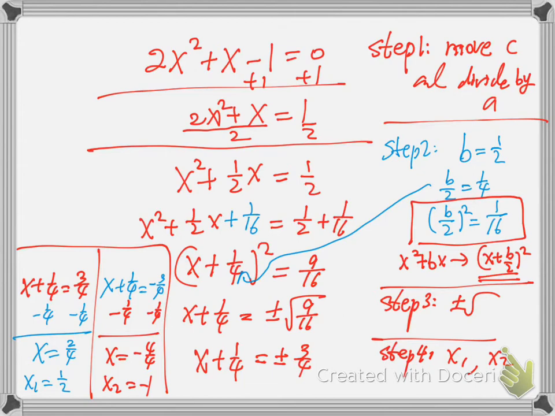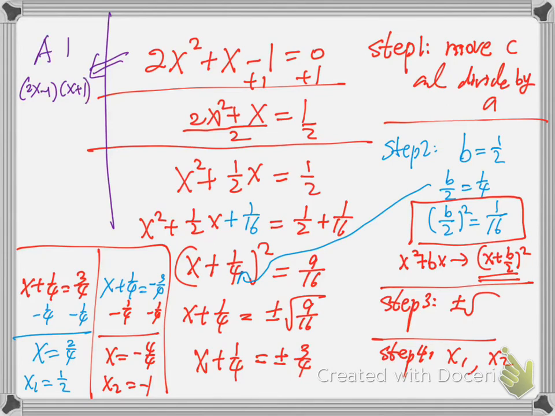You see factoring method is much easier, right? So let me remind you what's the factoring method for exactly the same example. So we factor the left hand side. This is 2x, this is x, and then this is plus 1, this is minus 1.